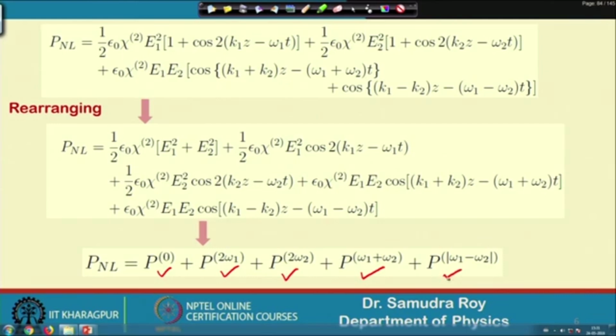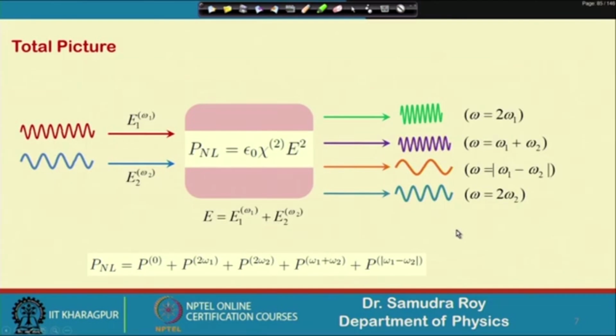So, there are 4 different kinds of frequencies when we are dealing with sum and difference frequency generation. Well, let us try to understand the physics in detail, what is going on. So, how many frequencies are there, and we should appreciate what is going on.